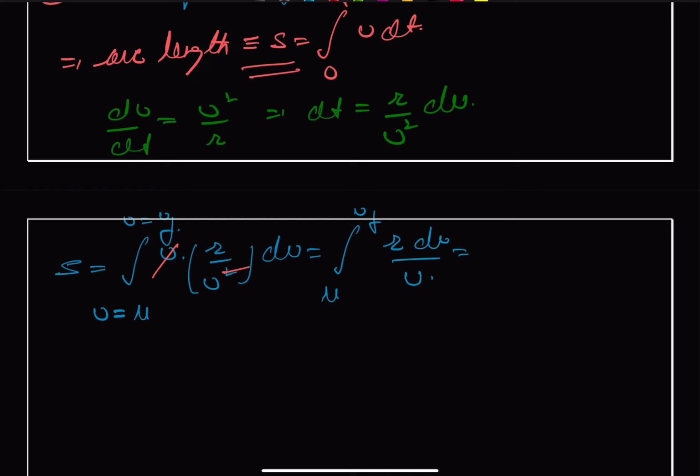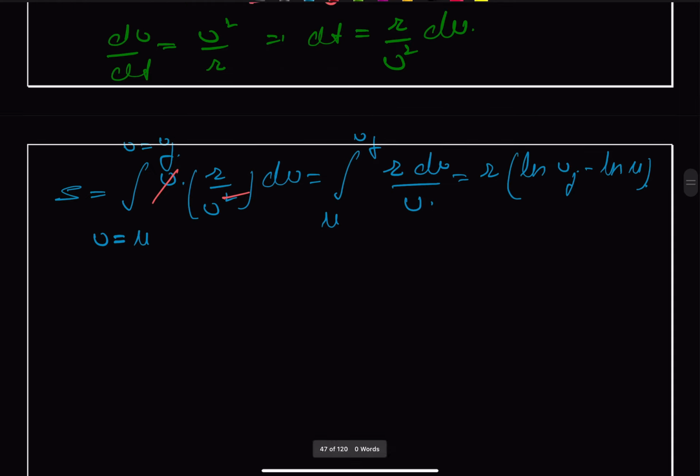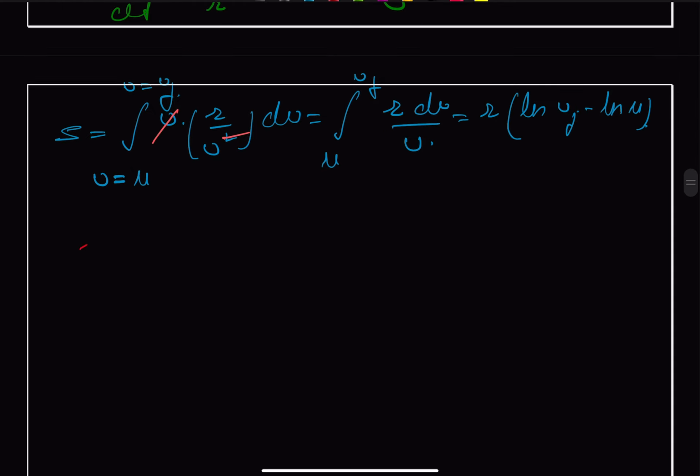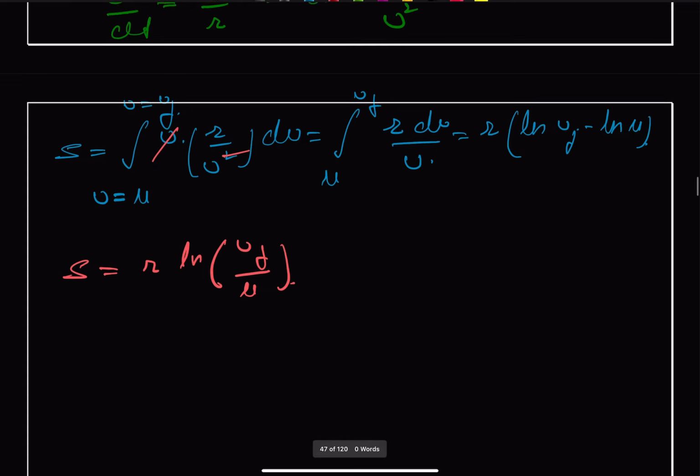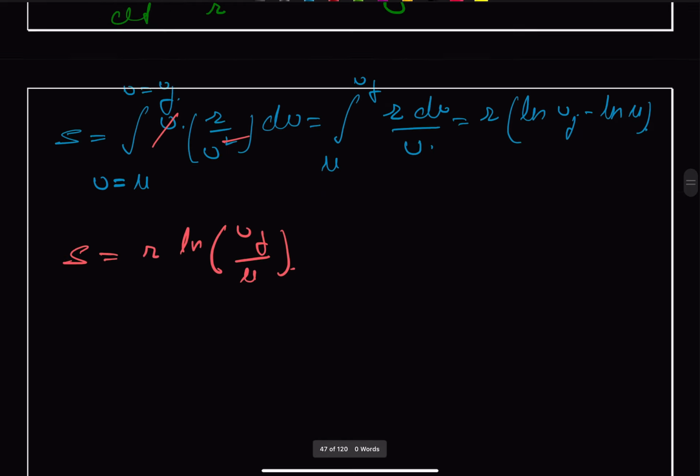So its integration will be r natural log of v, with upper limit vf minus natural log of u. So we get s equal to r natural log of vf upon u, and s is also equal to pi r upon 2.